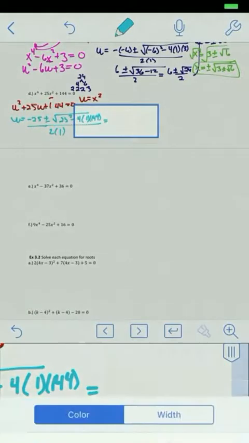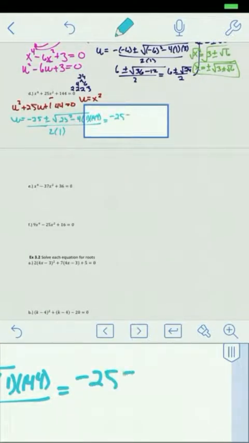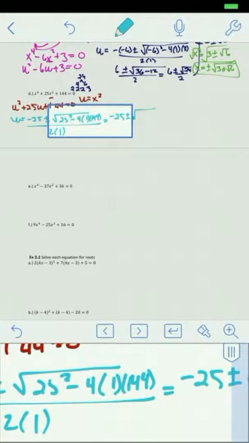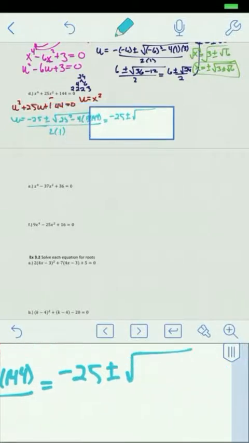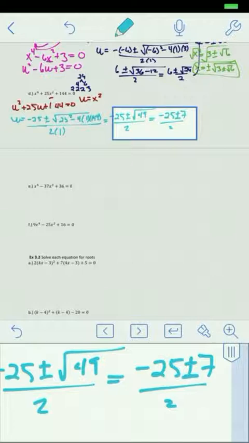That ends up being minus 25 plus or minus the square root of 625, which is 25 squared, minus 4 times 144. That would be 49, over 2. That is luckily a perfect square, so we get minus 25 plus or minus 7 over 2.